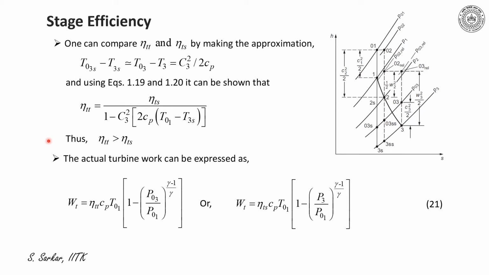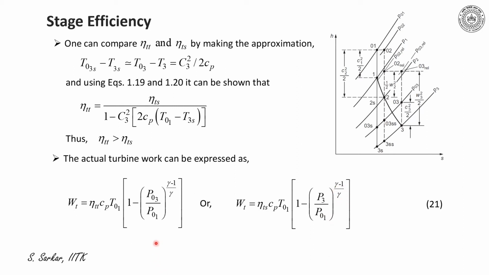Now after giving the expression for total to total efficiency and total to static efficiency, we can evaluate the actual turbine work as Wt is equal to eta Tt Cp T01 within the bracket 1 minus P03 by P01 to the power gamma minus 1 by gamma, or Wt is equal to eta Ts Cp T01 within the bracket 1 minus P3 by P01 to the power gamma minus 1 by gamma.